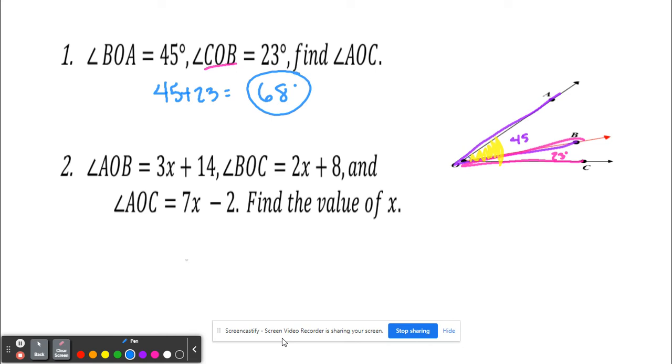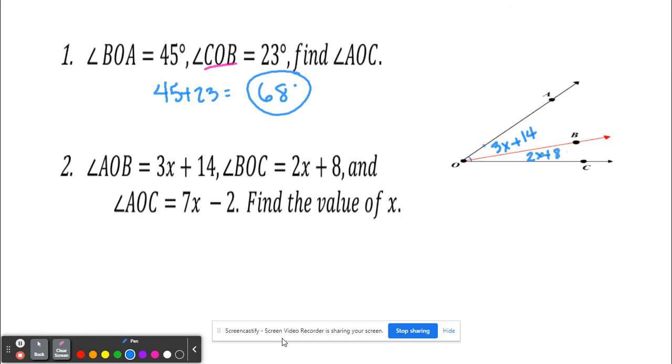We'll also have to do a little bit of algebra. So let me get an eraser here. Okay, so let's say I have AOB, which is 3x plus 14, and then BOC, which is 2x plus 8.